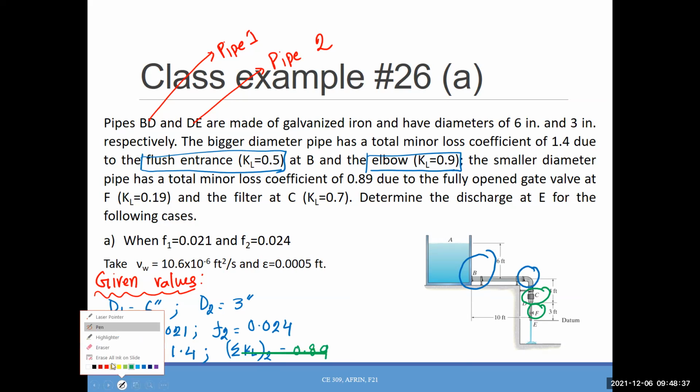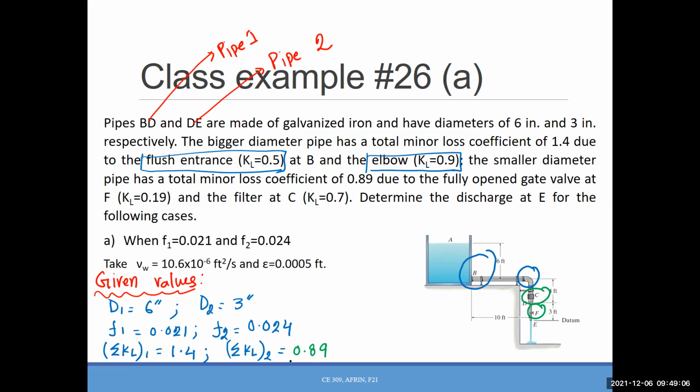Now, some of you may ask one question: ma'am, the filter is on pipe 1, why are we considering that for pipe 2? That's because when the water enters from pipe 1 to pipe 2 through this filter, it will actually affect the flow inside pipe 2. That's why we are considering that as a part of pipe 2.